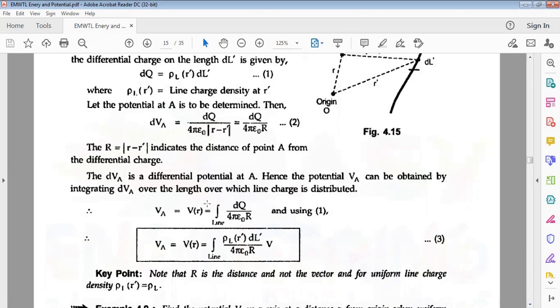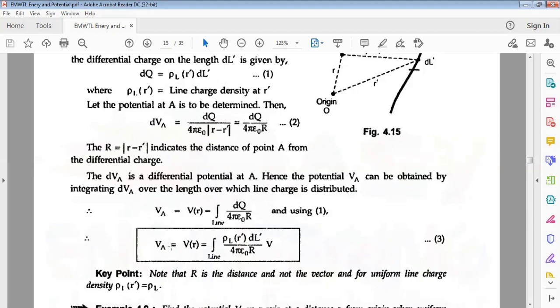Now, taking the integral on both sides, the voltage at the point A, V of R, is equal to the line integral of dq by 4 pi epsilon naught R. Okay, that R is nothing but small r minus small r dash. Small r is the distance from the origin to the point A, and r dash is the distance from the origin to the differential length dl bar.